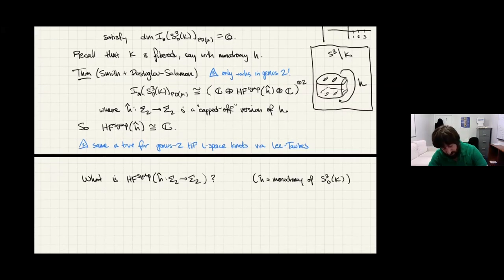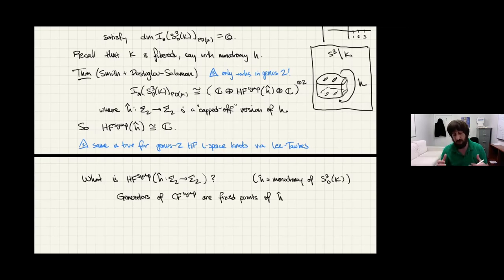Well, this is generated as a chain complex by fixed points of the map H, which we can think of as circles in the mapping torus. So these are sections of the mapping torus of the map.